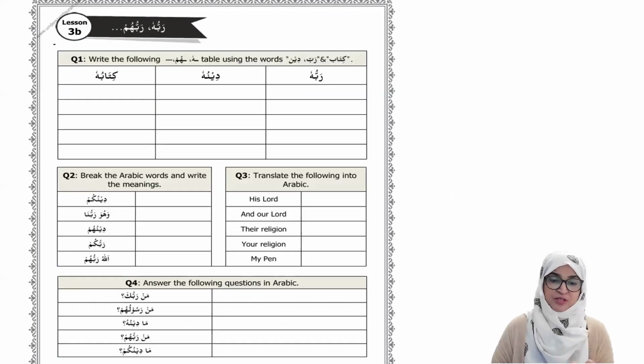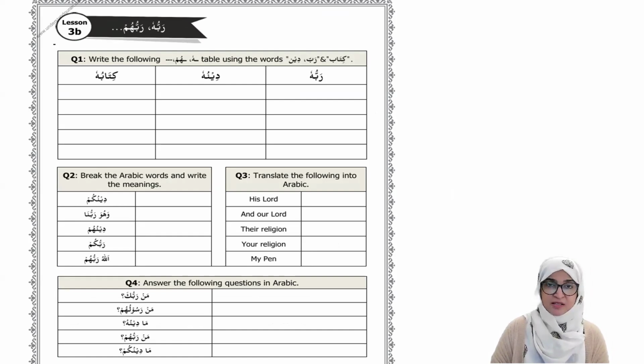Then I have also given you this workbook, Rabbuhu, Rabbuhum. This is all you have to write, the following who, whom table using the words kitab, Rabb, and Deen. So Rabbuhu, Deenuhu, Kitabuhu. Rabbuhum, Deenuhum, Kitabuhum. That's all you have to write. And likewise, you have to do all the answers.